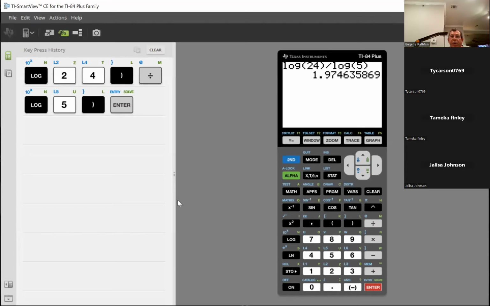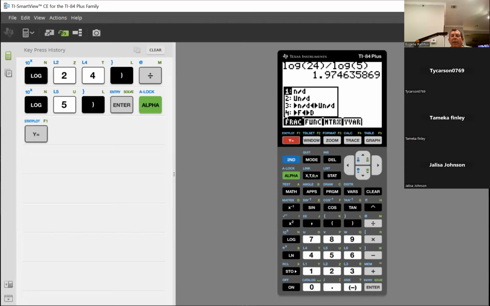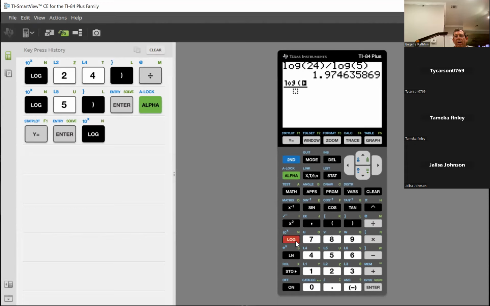So y'all, the first thing you can do, if you hit alpha, the green button, and then the y equals, number 1 is numerator denominator. So hit enter on that and bring the fraction up. Then you can punch it in like it looks. Log 3 on the top. So log 3, close parentheses. And then arrow down to the bottom.